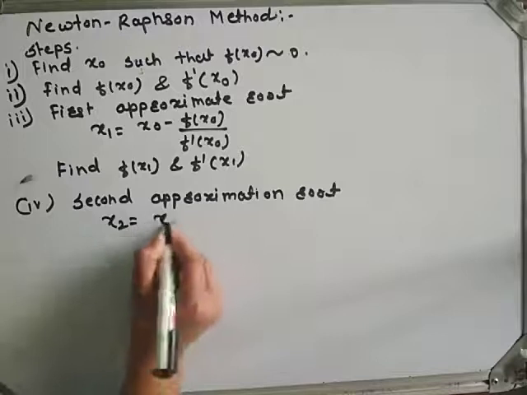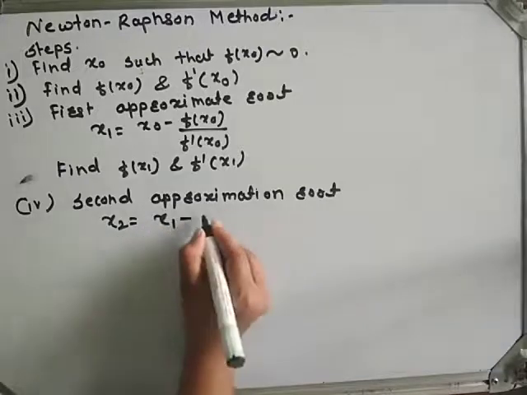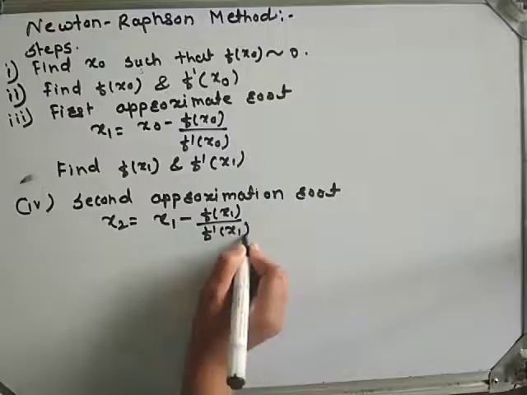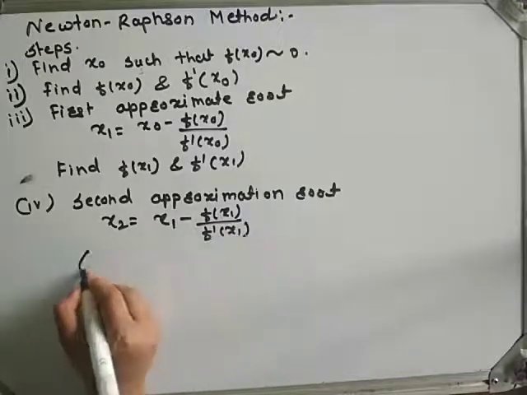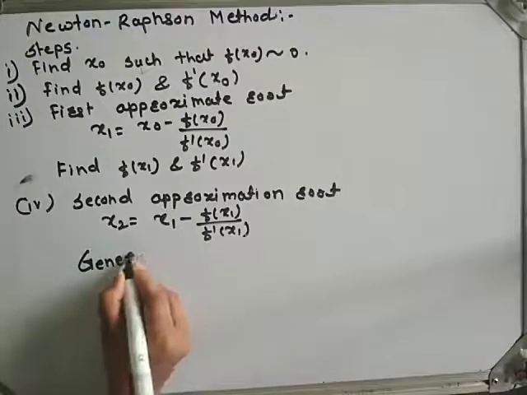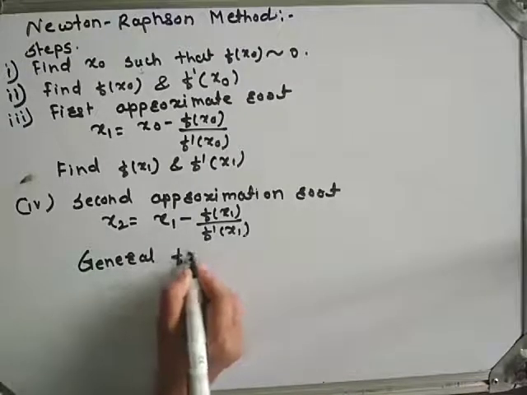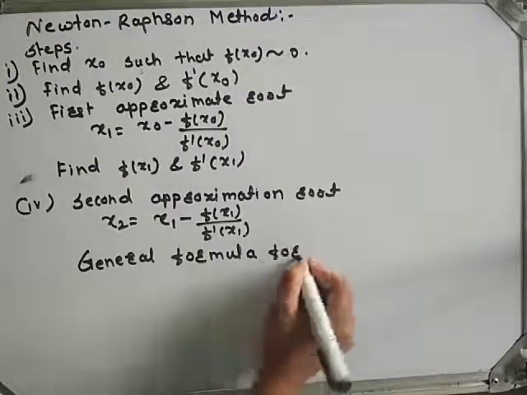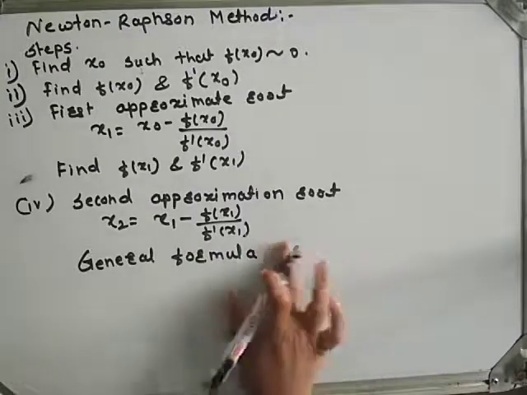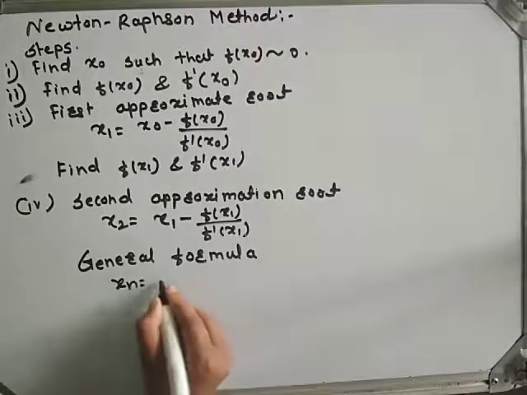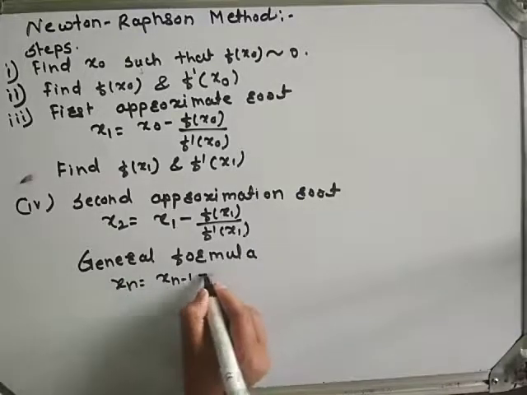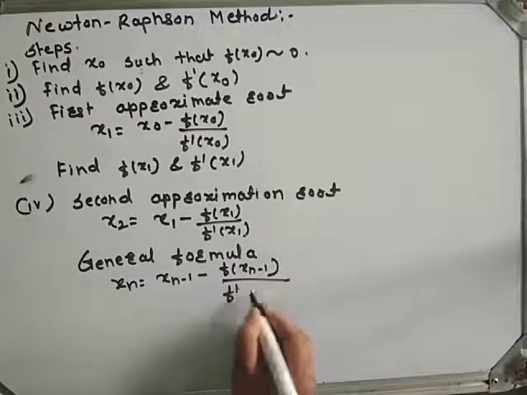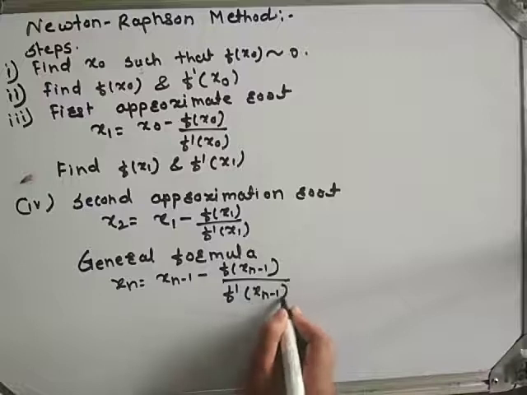For this, the formula is x2 = x1 - f(x1)/f'(x1). The general formula is xn = xn-1 - f(xn-1)/f'(xn-1).